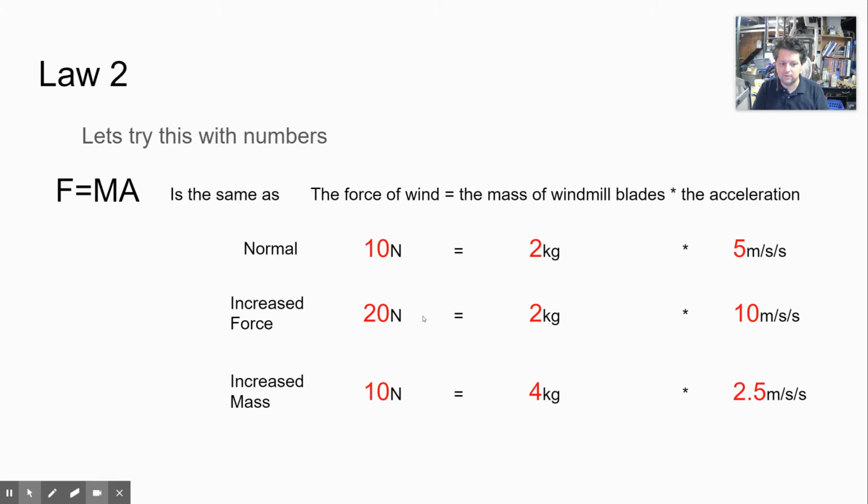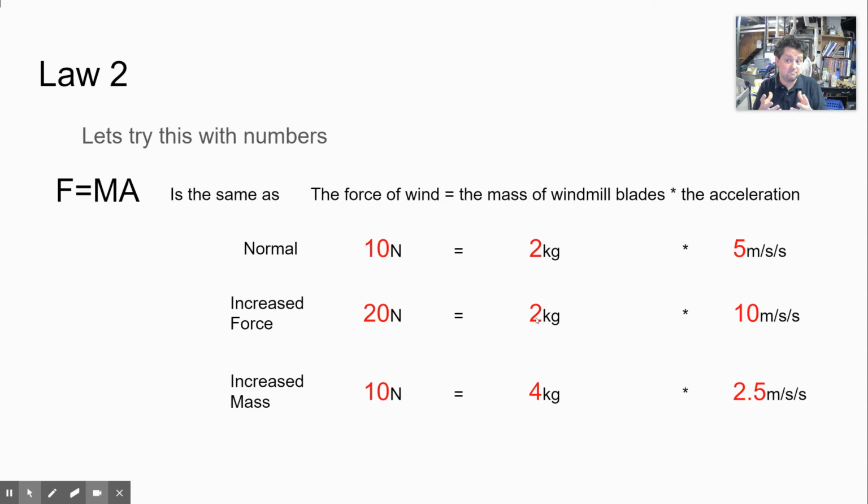So when I increase the force, if I keep the mass the same, I increase the acceleration. So if I could find a way to make my windmill gather more air, more wind energy, without increasing its mass, or by increasing it just a little bit, that would let me gain more acceleration.